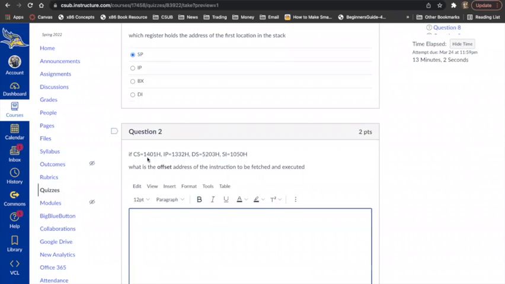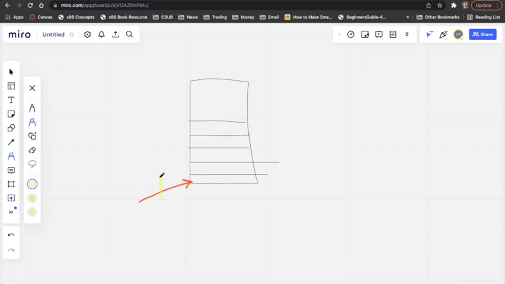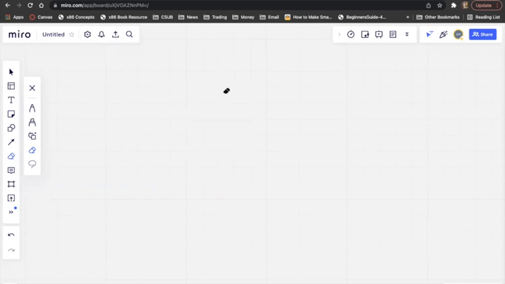So our code segment is given, our instruction pointer is given, then we have DS and SI. We don't need those. What's the offset of the address of the instruction? Let's look at how memory is laid out. All right, so let me erase this and try it.